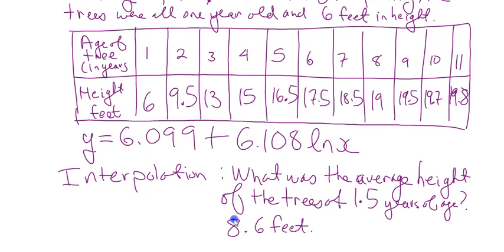What else could we ask? Well, we could ask, when they're 20 years old, what will the height be? So let me just go to a new page here. This would be extrapolation, going outside of the data. Our data only goes for 11 years.